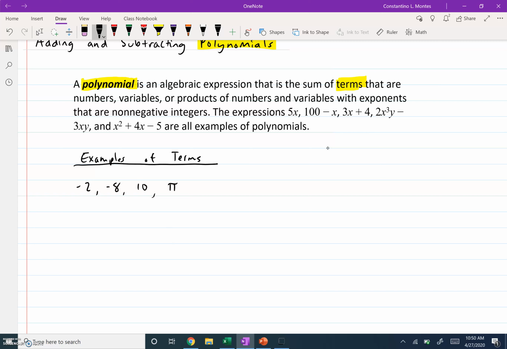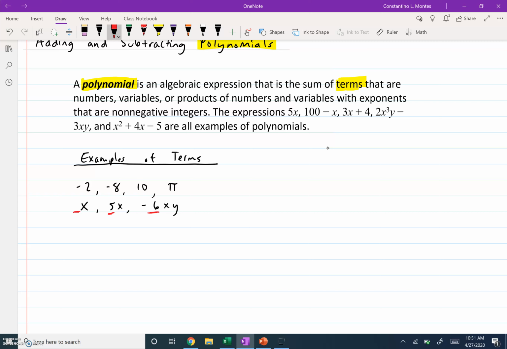We could also have terms that have some variables in them. Like we could have just the variable x. That could be a term. It could look like 5x, or maybe even -6xy. In this case, we have examples of more complicated terms because we're including a variable. As a side note, the number 5 and the number -6 are called coefficients.